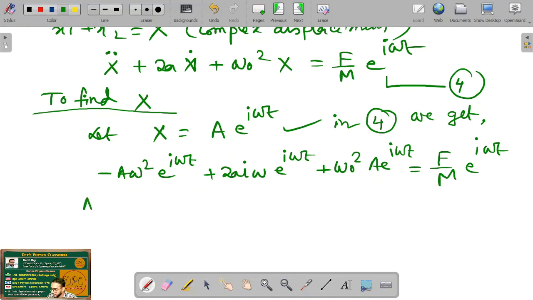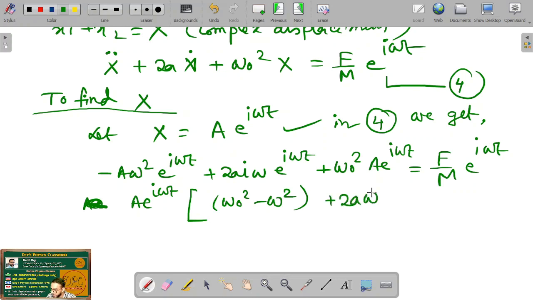Or we take common A e to the power iωt, and we get ω0² minus ω² plus 2aω into i, which equals F by m e to the power iωt.